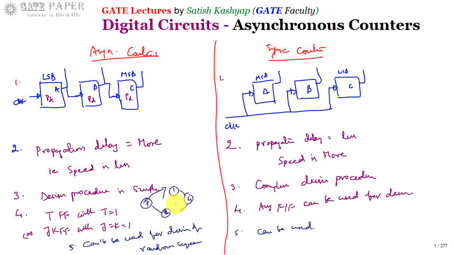This type of sequence generation is not possible with asynchronous counters. It is possible with synchronous counters. Even if you attempt it, it takes longer time and the design process is very difficult compared to synchronous counters. So we never try generating random sequences with asynchronous counters.